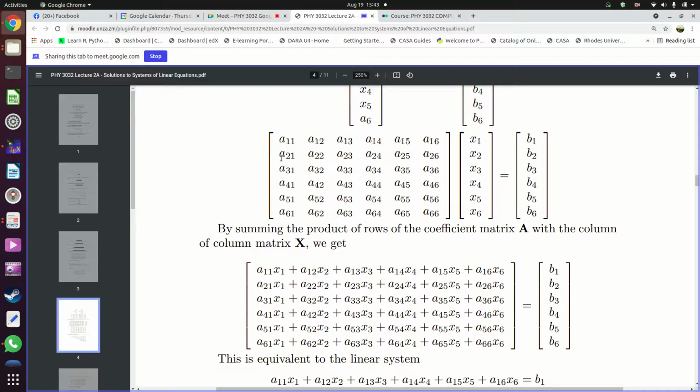Of course, here this is matrix A, this is matrix X, and this is matrix B. So we can do multiplication.